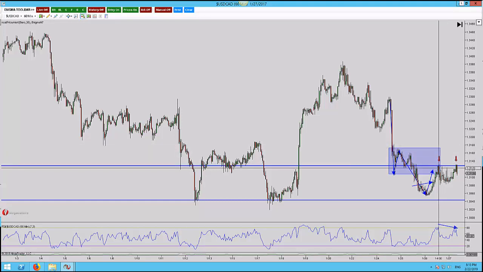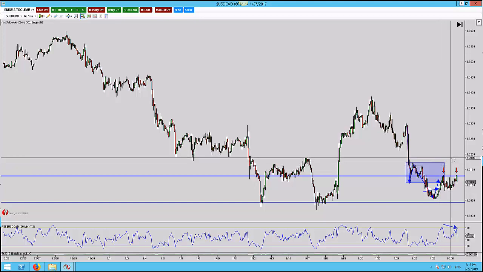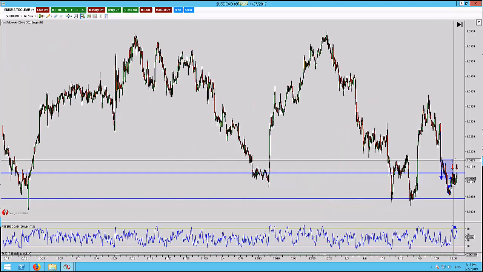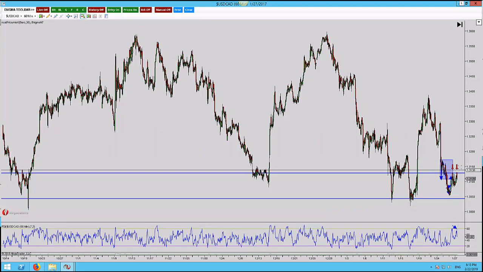I'm looking for the wicks on the 240. This is not going to be valid.